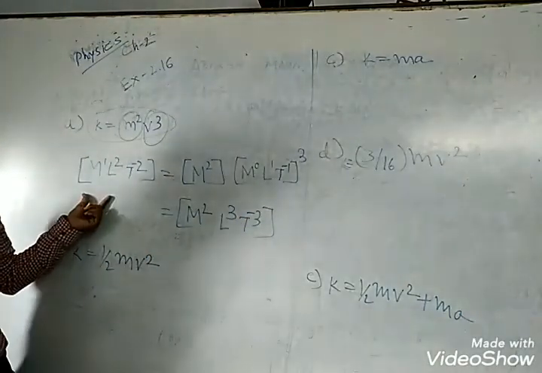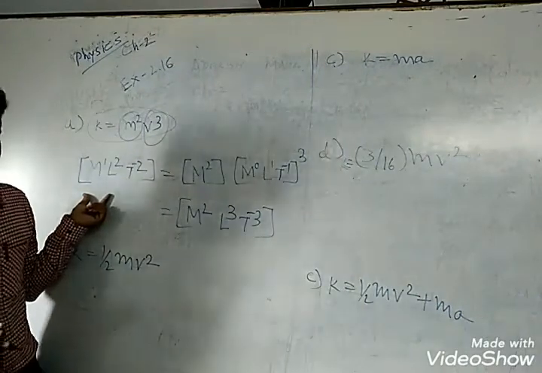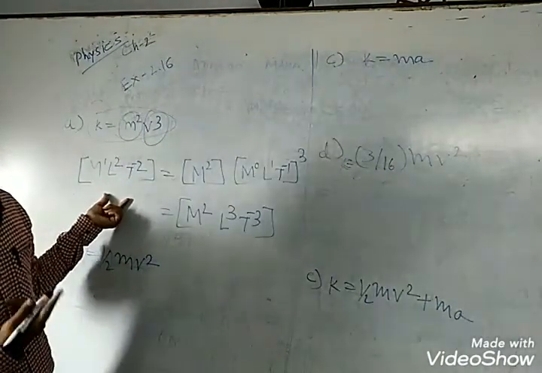Means here the first equation is ruled out, as left hand side is not equal to right hand side.